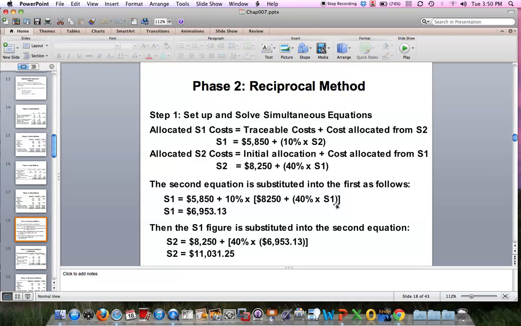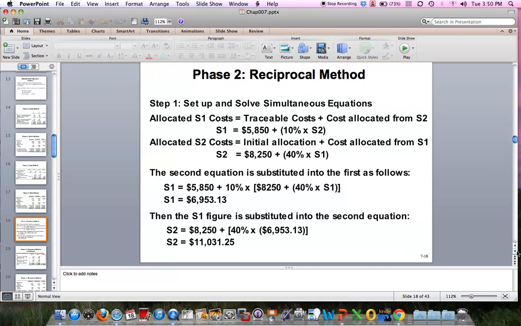Then we can solve using some algebra and math and get that S1 is 6,953. Once I know that S1 is 6,953, I look at the S2 formula: it's 8,250 plus 40% times S1, which is 6,953.13, and I get an answer of $11,031.25.